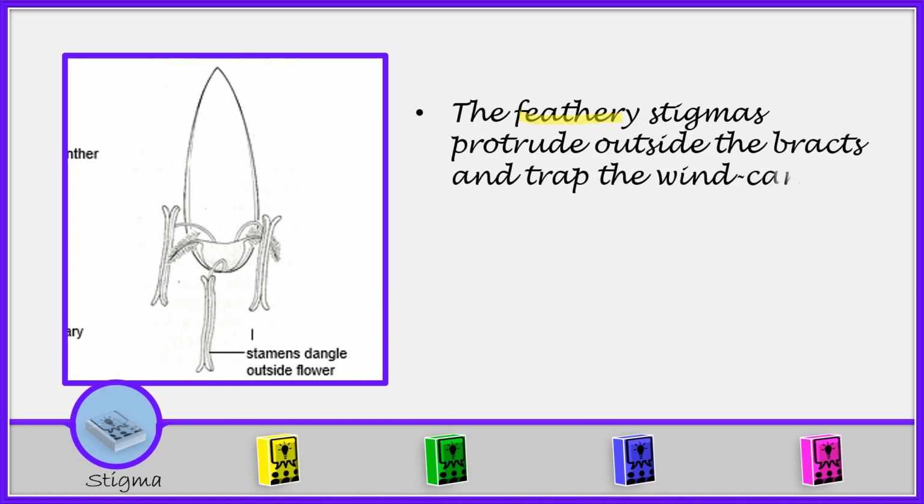The feathery stigmas protrude outside the bracts and they trap the wind-carried pollen. So when you look here, you will see that you have the feathery stigma here. That one there, and then another one is on the other side. Those are the feathery stigma.